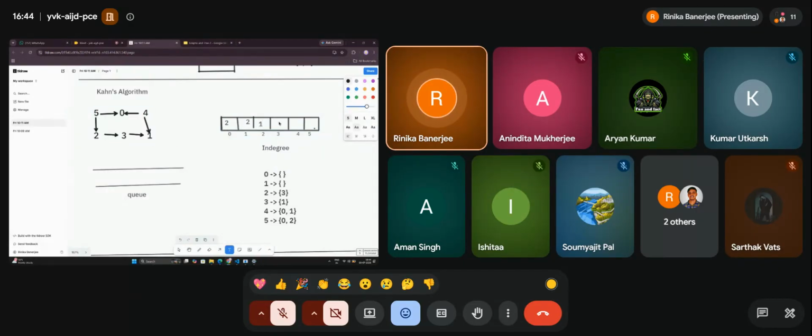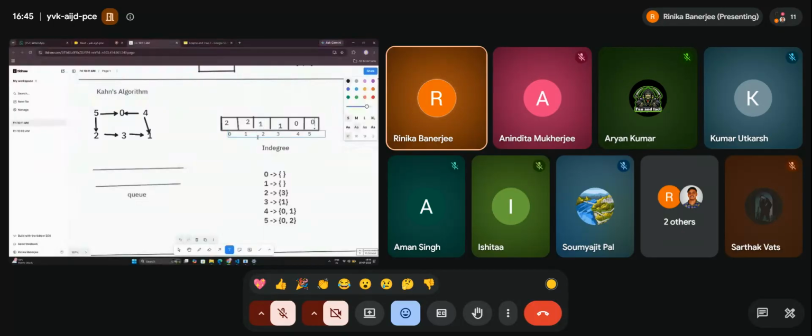Now I have the in degree of node 3. That is also 1. I have the in degree of node 4. That is 0. And the in degree of node 5 is also 0. Now I have calculated the in degree of all the nodes.